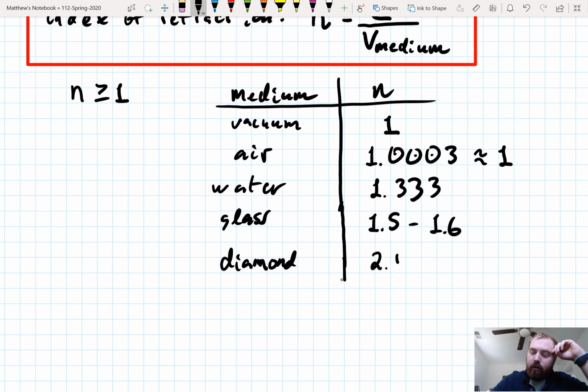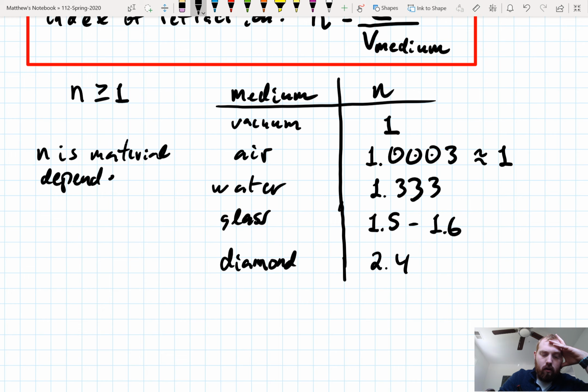For our purposes, we'll say a diamond has a nominal value of 2.4. So there's a range of values for that index, one being the absolute minimum and just ever increasing depending on the material. And it's a material property. I change mediums, I change n. Plain and simple.